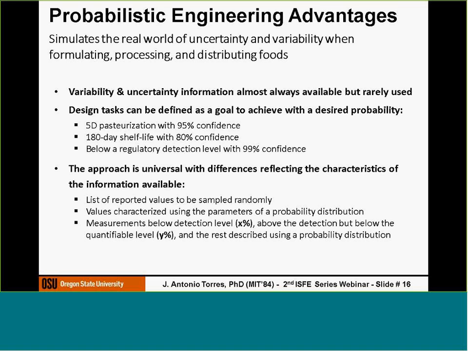You can use a uniform distribution between 0 and some level, or assume some linearly increasing probability between 0 and some level. You could do the same for those above detection but below a quantifiable level, and the rest would be described using a distribution.